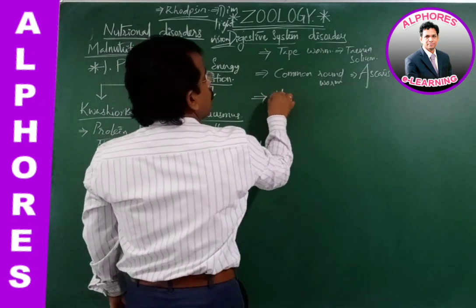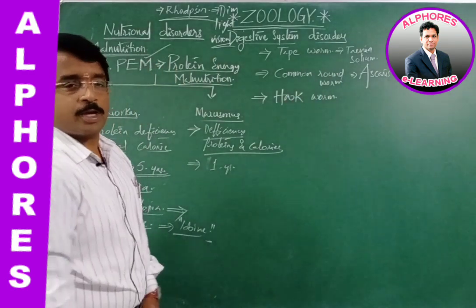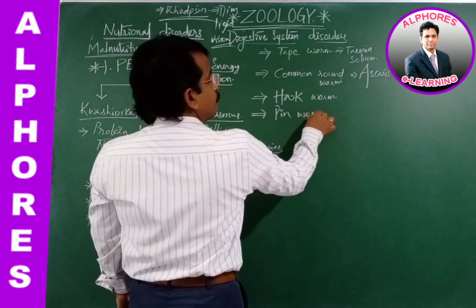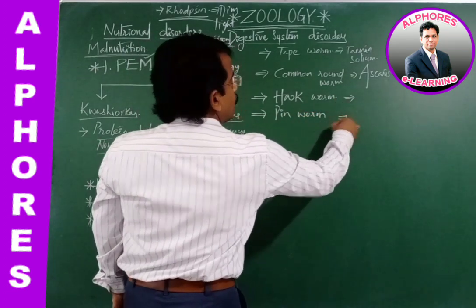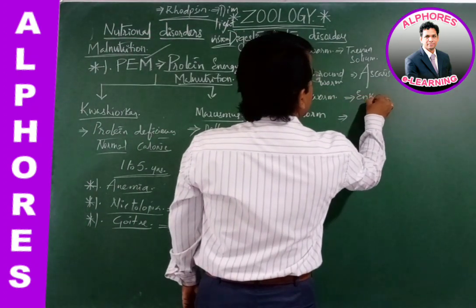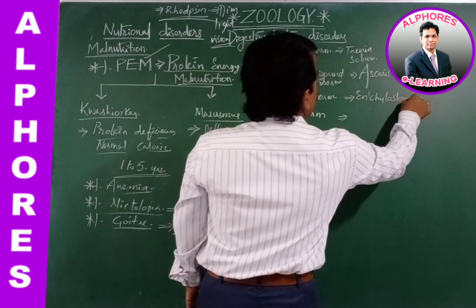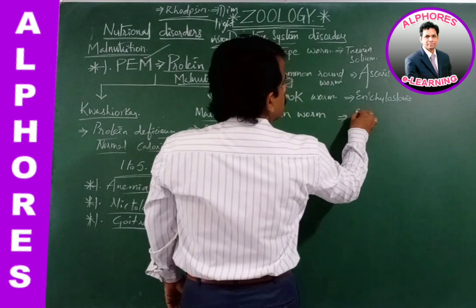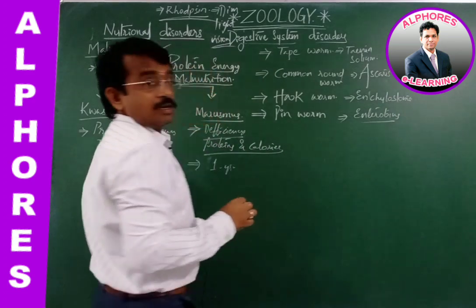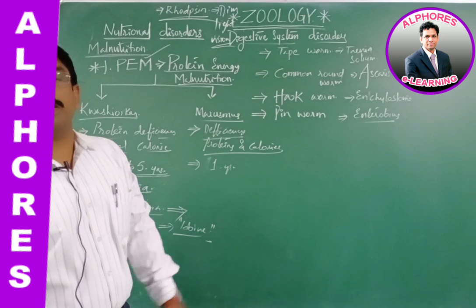Next, hookworm. Next, pinworm. Hookworm is Ancylostoma duodenale, whereas pinworm is Enterobius. These are all parasites, and all of them live in the intestine.